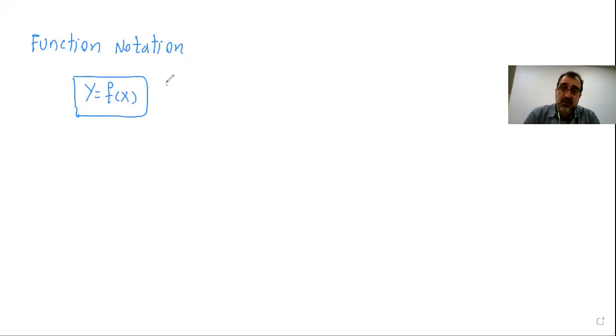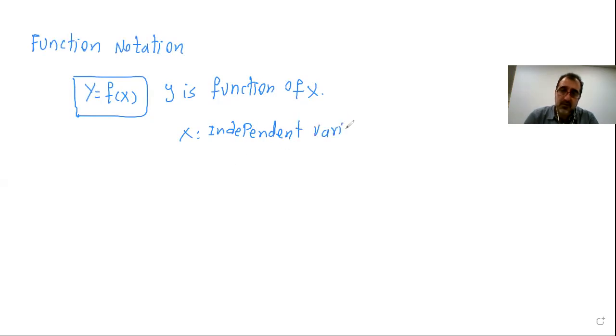We read this as y is a function of x. In here, x we call the independent variable. y we call the dependent variable.